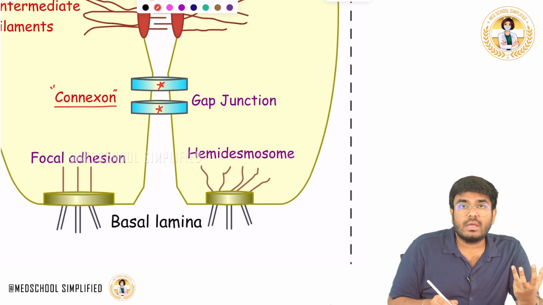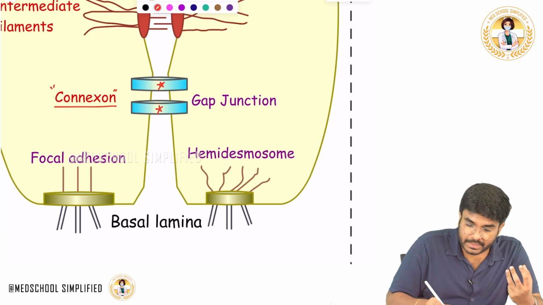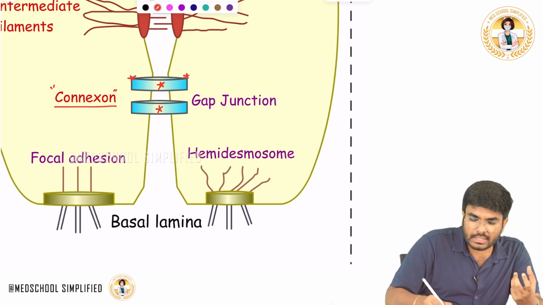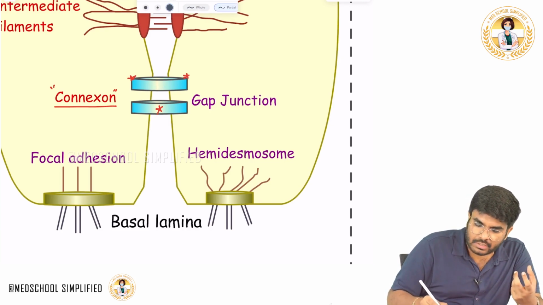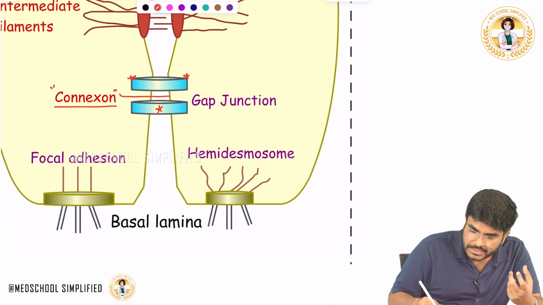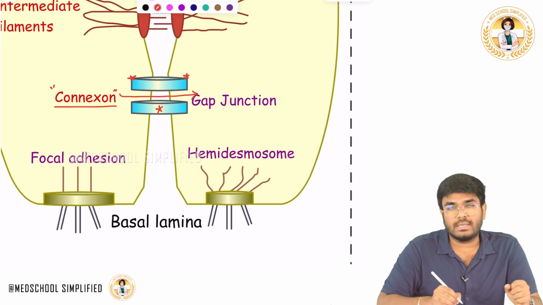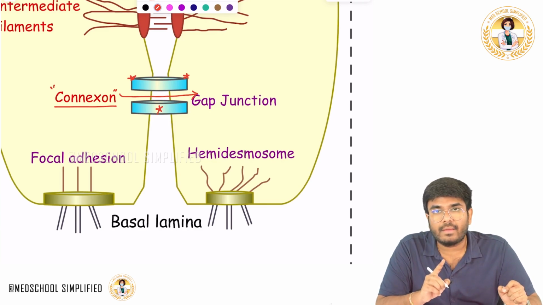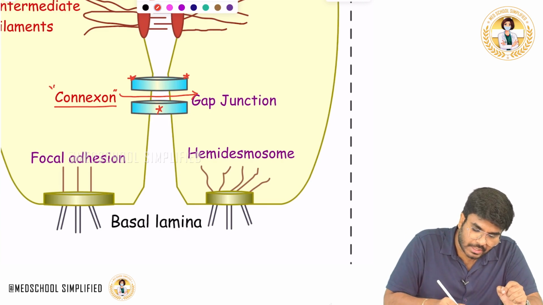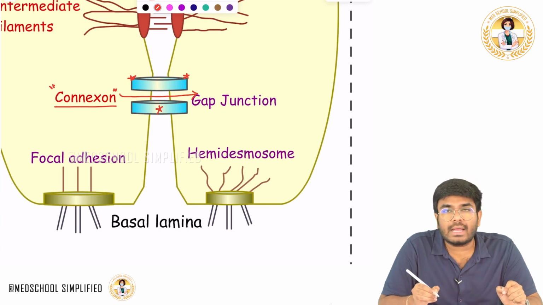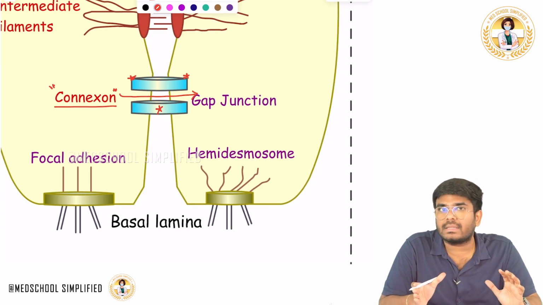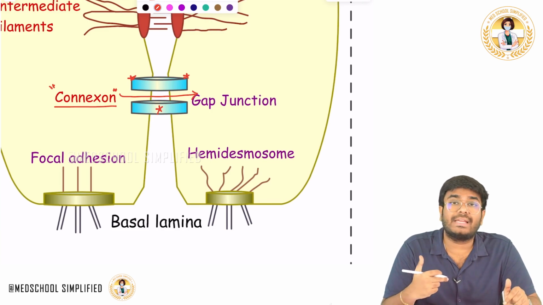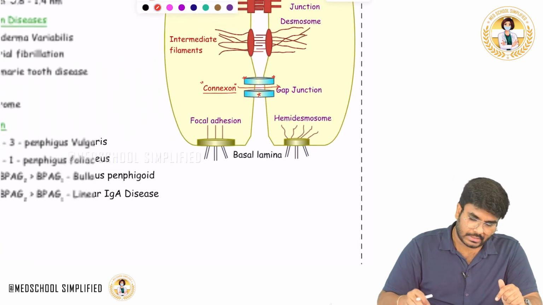Actually, there are 6 connexin proteins going to form this gap junction. The importance of the gap junction is that it allows the transport of substances from one cell to the other. So which cellular junction helps in transport between the cells? It's the gap junction. Connexins are the subunits, and connexins form the connexon.